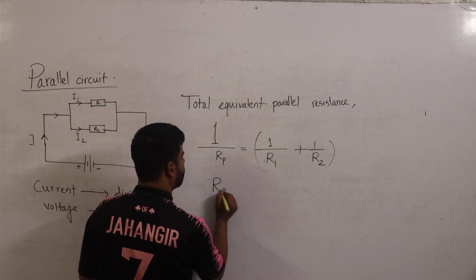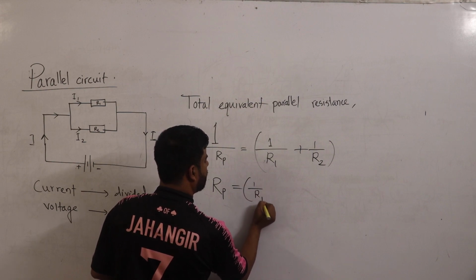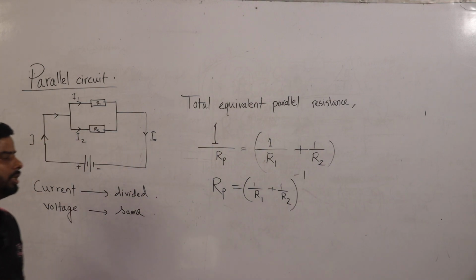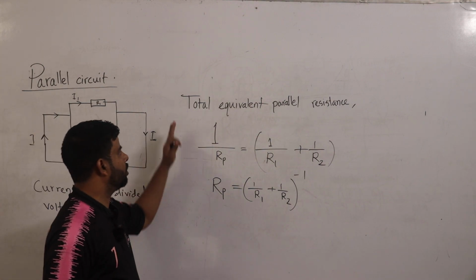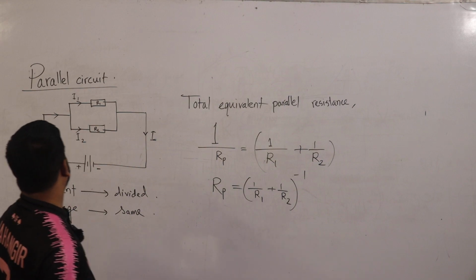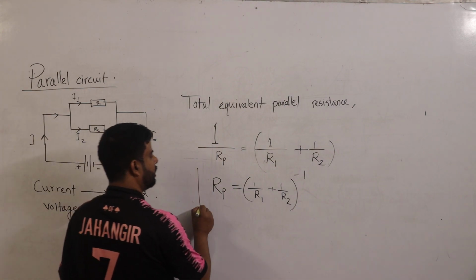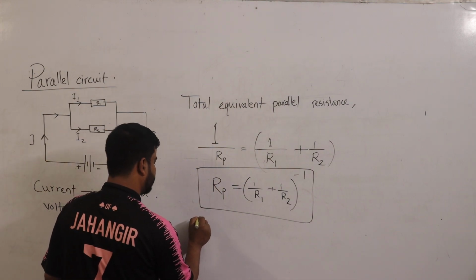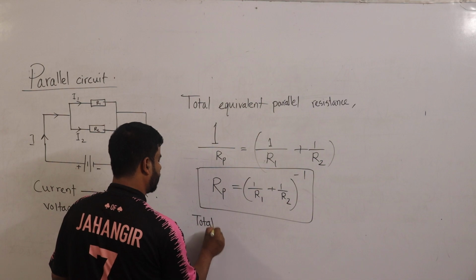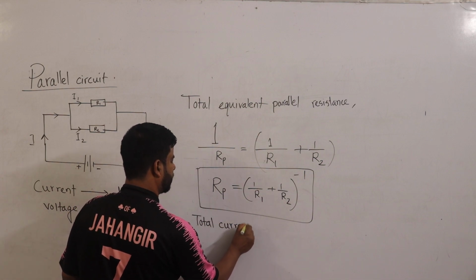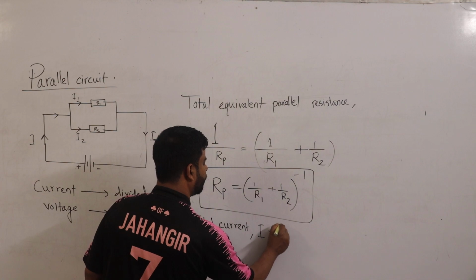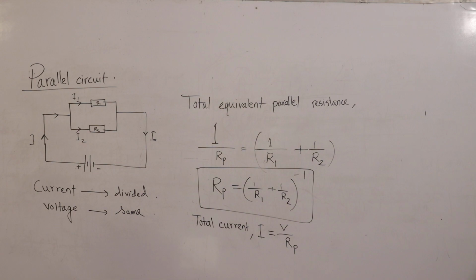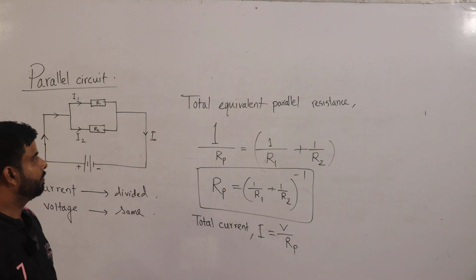So RP equals 1 divided by R1 plus 1 divided by R2, then take the reciprocal. And the total current in the circuit is I equal to V divided by RP, where RP is the total equivalent parallel resistance.